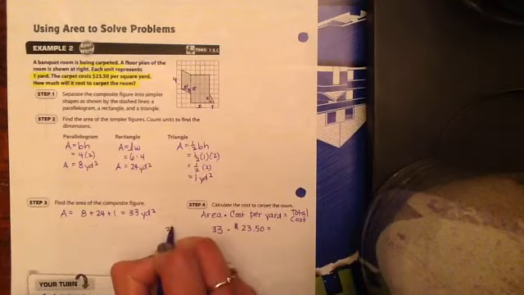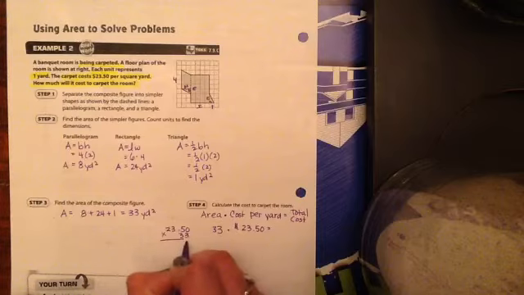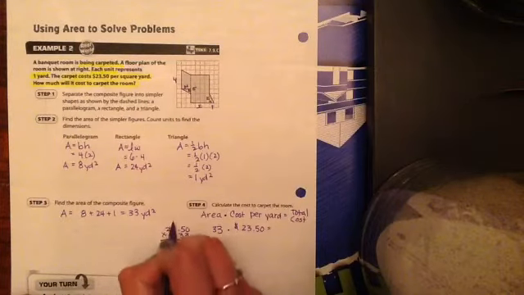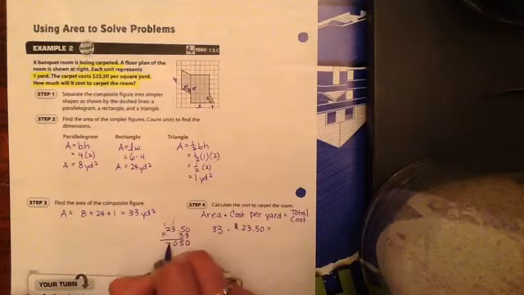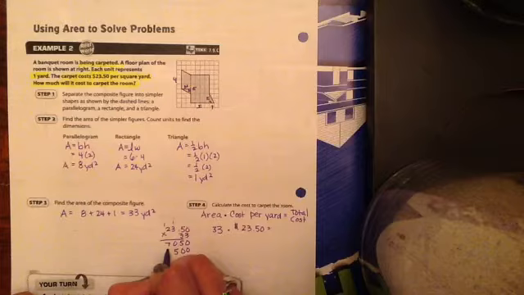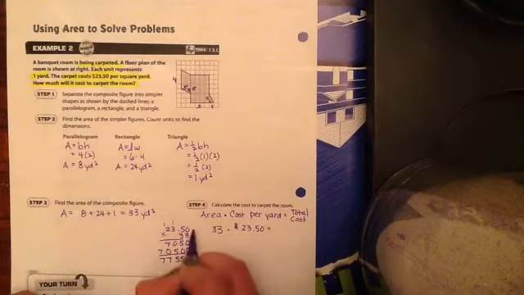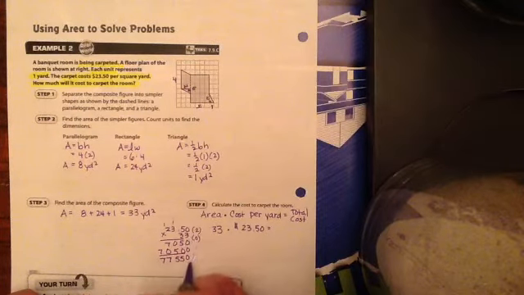Well, I'm going to have to show my work. $23.50 times 33, that's 0, 15, 10, 7, skip a space, that's 0, 15, 10, and 7, 0, 5, 5, 7, 7. And remember that we have 2 decimal places in our problem.